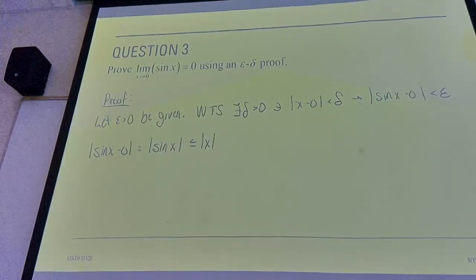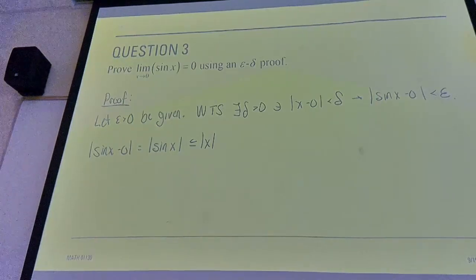For small values of x, sine of x is approximately x. Also, sine of x has to be between -1 and +1, which means for larger values of x, the absolute value of sine of x will be less than the absolute value of x. Hence, we get this inequality.